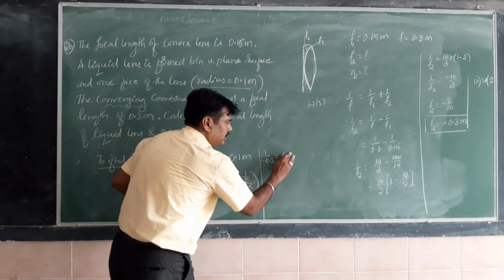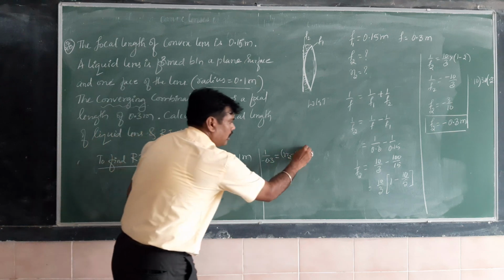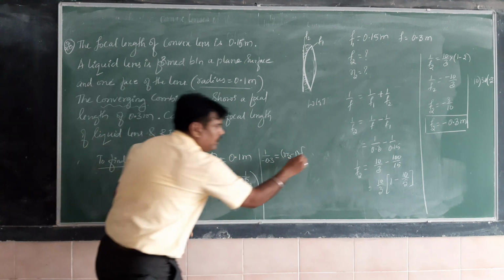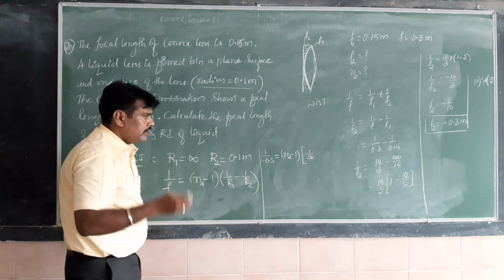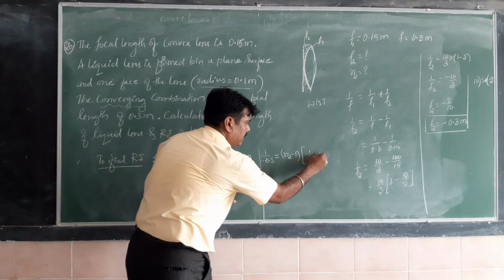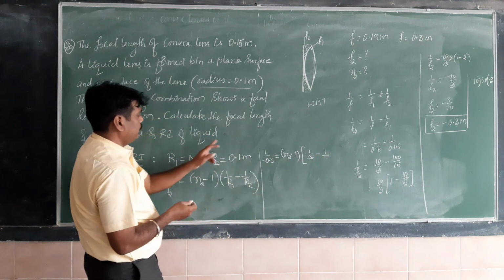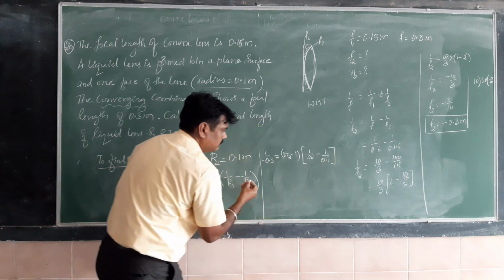We have to calculate to find N2. Keep it as it is: N2 minus 1 of, what is 1 by R1? R1 is infinity. 1 by infinity. You know that any number divided by infinity we have to take as 0, minus 1 divided by R2. R2 is 0.1 meter.